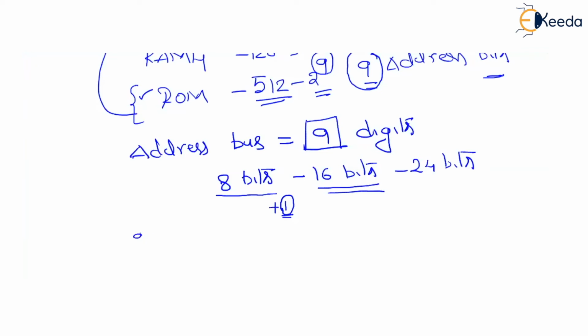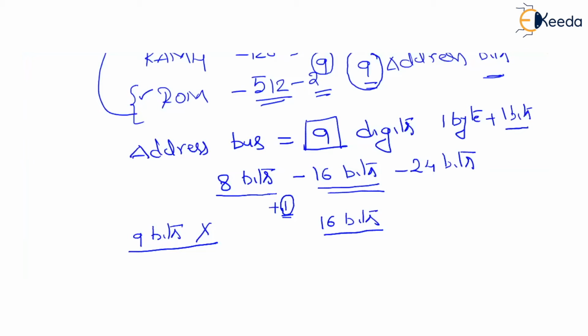Since 9 bits cannot be organized, but 16 bits is possible, because the address bus size must be equal to 9 bits, meaning 1 byte plus 1 bit. Anything less than 1 byte, you do require to procure a total byte. Here, 1 byte is already there. However, in addition to 1 byte, I need to take an additional digit. There is no way that you can organize an additional digit independently.